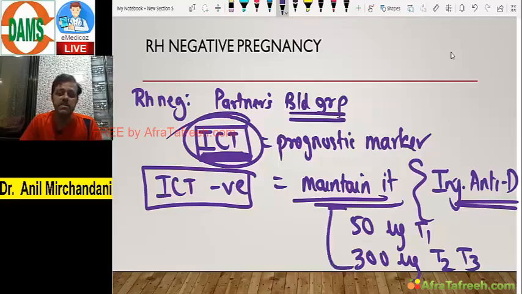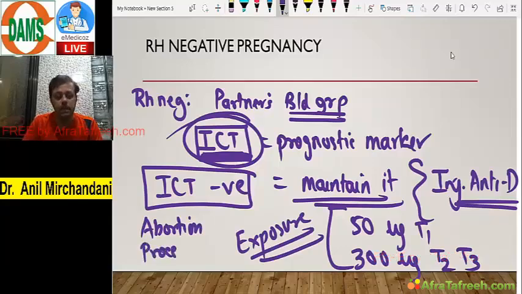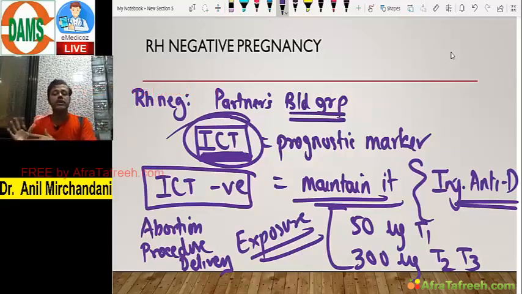This is regarding exposure, like abortion, procedure, or delivery. These are considered as exposures. 50 microgram for first trimester, 300 microgram for T2, T3. Am I clear about this?